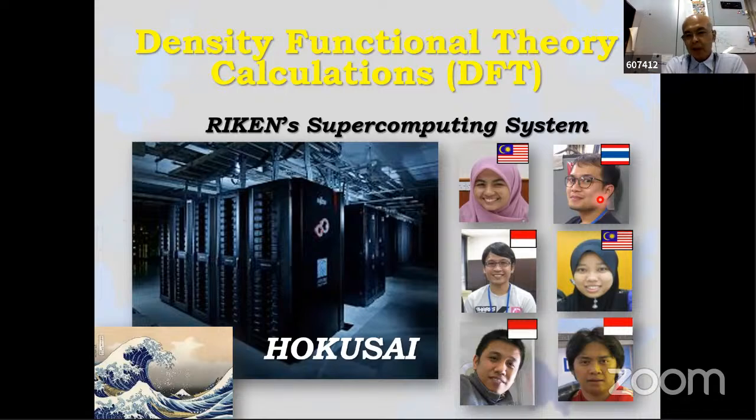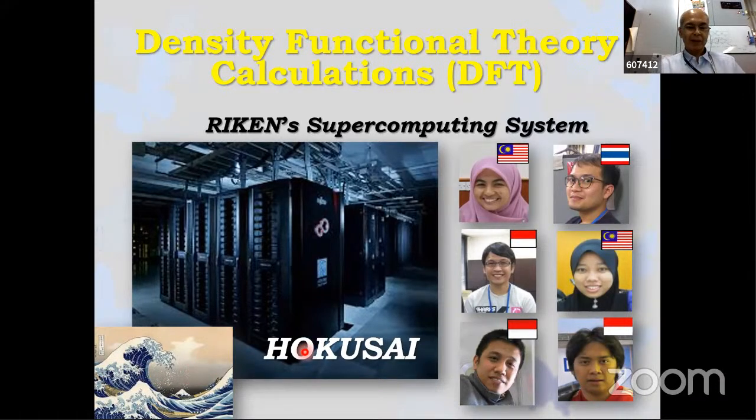So where we are calculating, and where our activity is ongoing, is what we call Hokusai, because Hokusai is the name of a painter from around 200 years ago in Japan. This is a very famous Hokusai painting, and also worldwide famous, this picture.